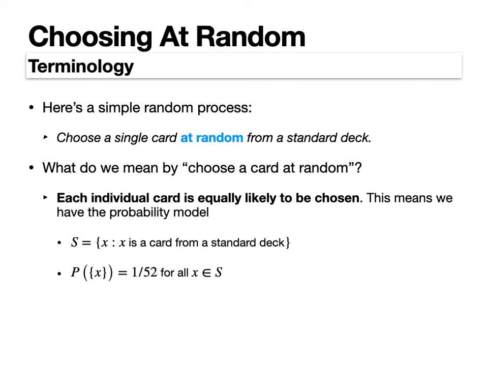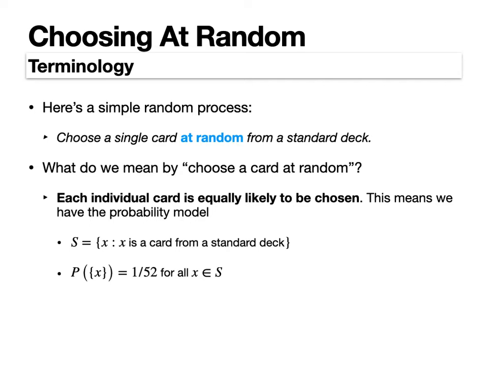So when we're talking about choosing a card from a standard deck of 52 cards, the most random way to do that would be to choose the card in such a way that all 52 of the cards were equally likely, right? Because if one card were more likely than others, then it would be easier to predict which card got chosen.